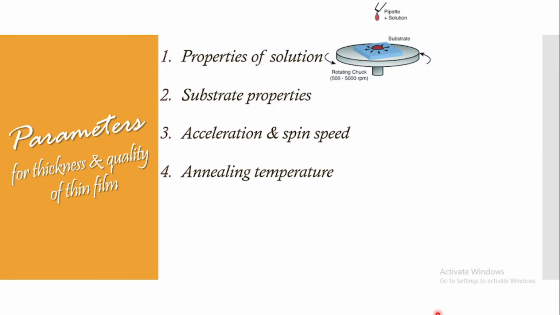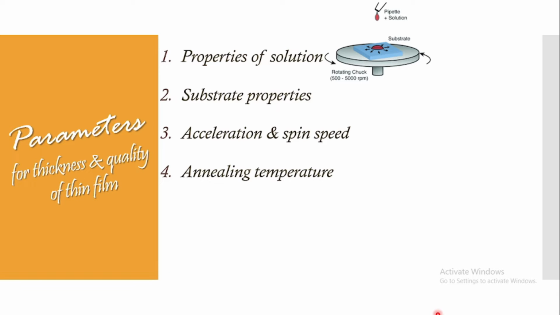The fourth important parameter is the annealing temperature. So the temperature at which evaporation of the solvent is done is also going to decide the quality of the thin film. Annealing generally makes the thin film tougher, that is, more stable.